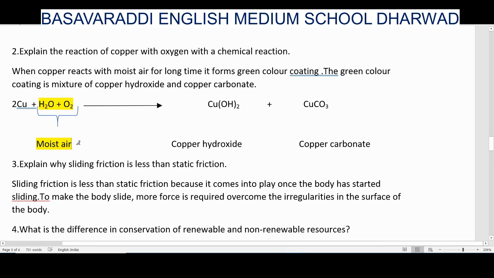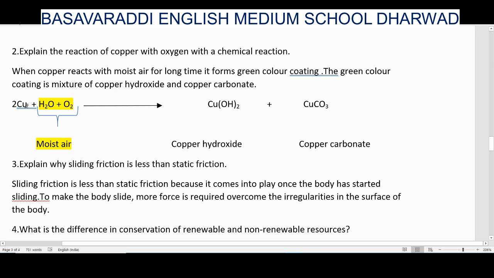When copper reacts with moist air for a long time, it will produce a green coating on itself. This green coating is a mixture of copper hydroxide and copper carbonate. So you can see here the chemical way.